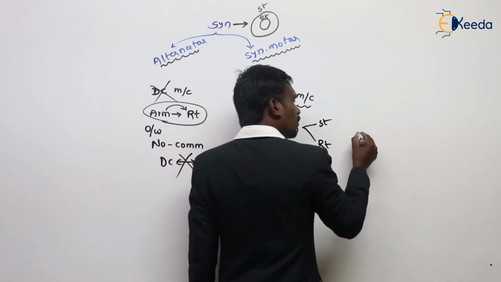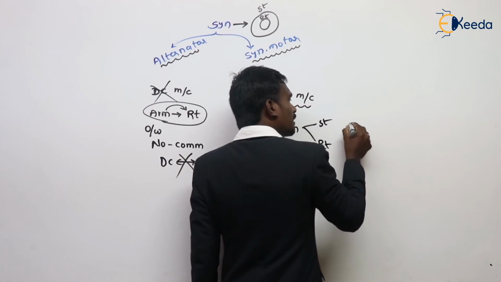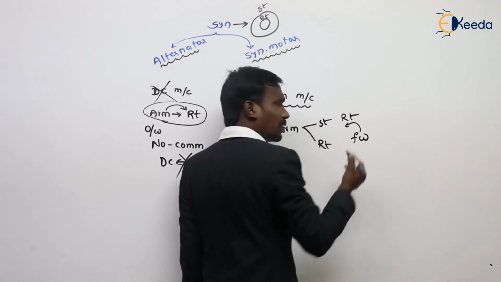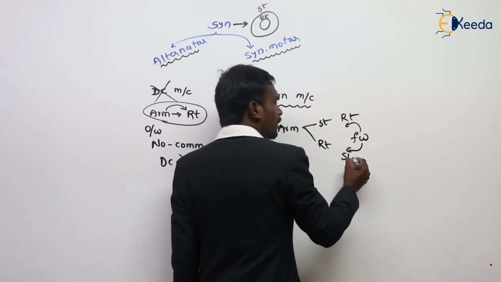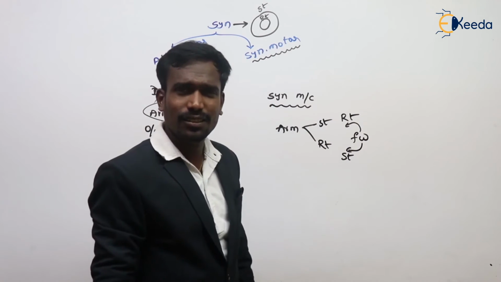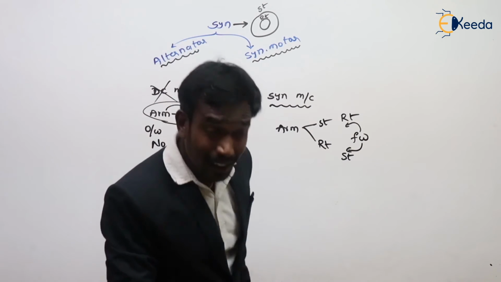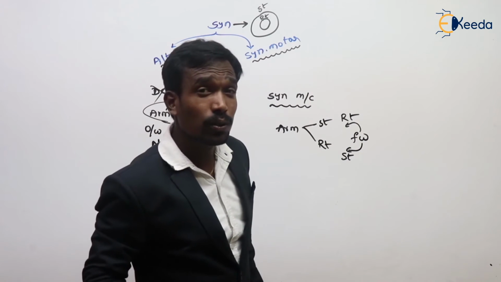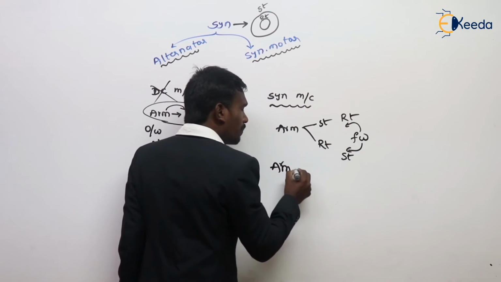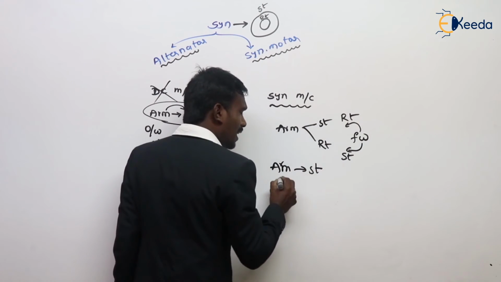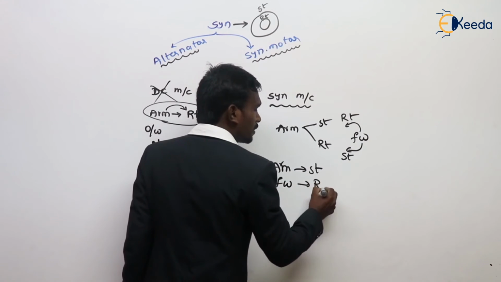If armature winding is placed on the stator, then field winding is placed on the rotor. If armature winding is placed on the rotor, then field winding is placed on the stator. Like this. But in a synchronous machine, armature winding must be placed on the stator and field winding on the rotor.